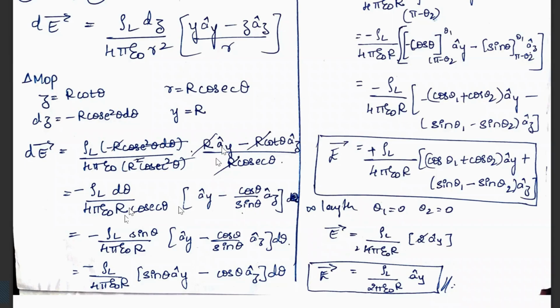Here ay cap minus cot theta, which can be written as cos theta divided by sin theta. This cosecant theta gets cancelled with this cosecant theta. Clear?